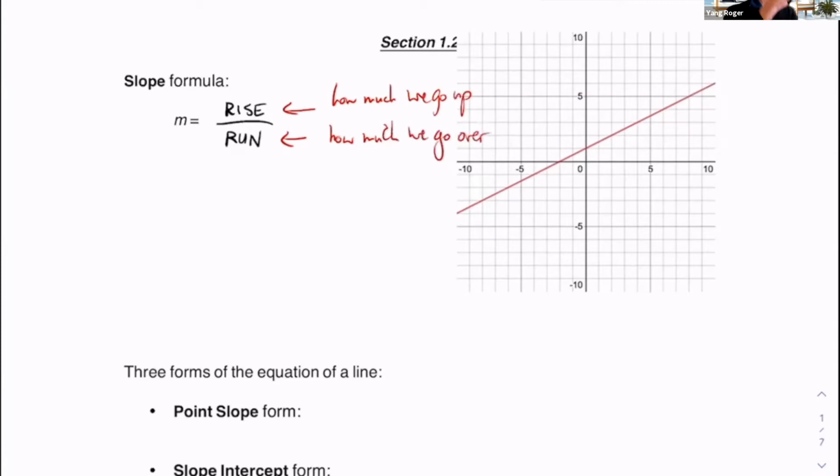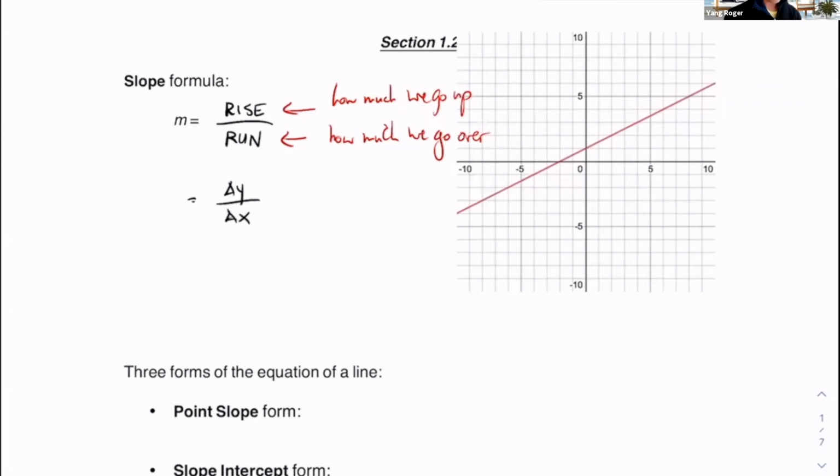And for a line, this idea of slope is a proportion. The proportion remains the same throughout the entire line. When that proportion remains the same throughout the entire line, we call that a slope. Another way that you might have seen this is the notation delta y over delta x.